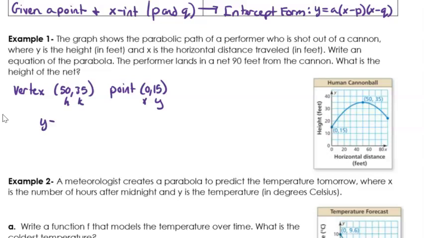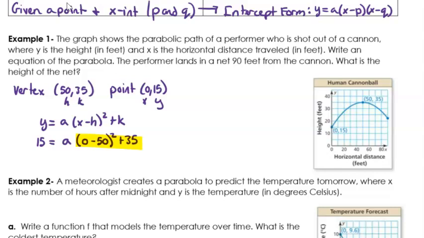So we're going to take our vertex equation because we were given a vertex and a point. So I'm just going to write that down right here. Okay, so I'm going to fill in what I know. I know y is 15 equals, I don't know a, x is 0 minus h is 50 squared plus 35. Now, be careful in your calculator. Don't type all of this in.